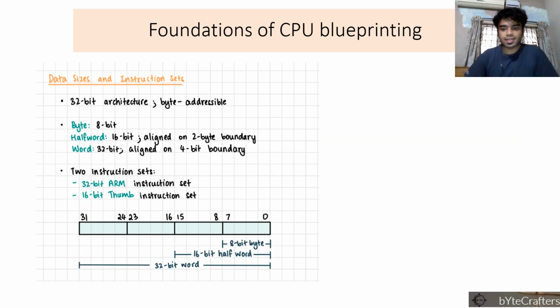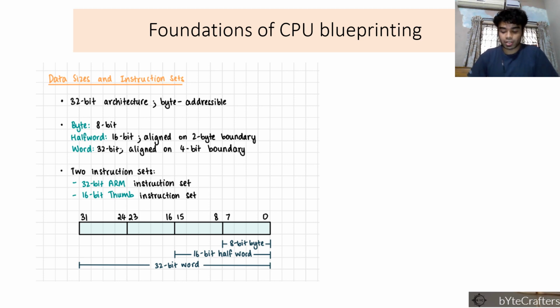Okay, data sizes and instruction sets. Before we move on to discussing data sizes, we have to see definitions of what an instruction set is. An instruction set, as the name suggests, is a set of instructions that the microprocessor is going to execute in order. That is an instruction set, to put it in very simple words. And there's another term called bandwidth.